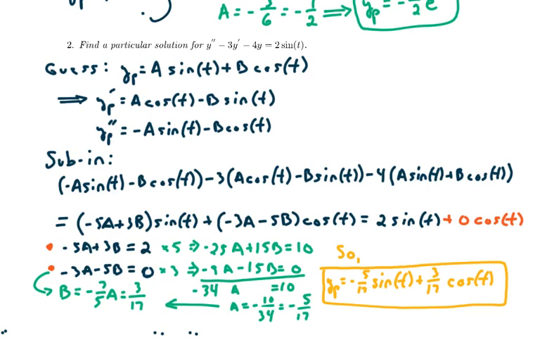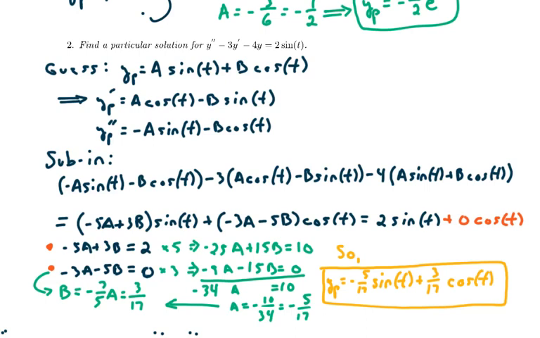Negative 25a plus 15b equals 10, and negative 9a minus 15b equals 0. So when I add these two equations, the b term cancels out. I have negative 34a, and that equals 10. And so when you solve for a, a equals negative 10/34, or negative 5/17.